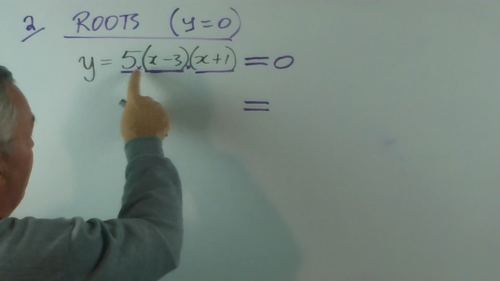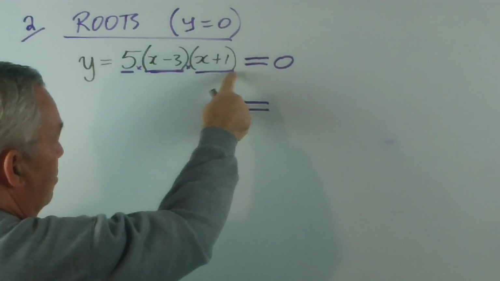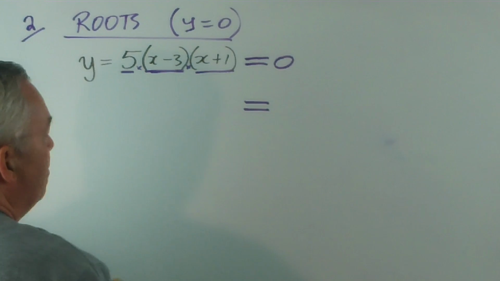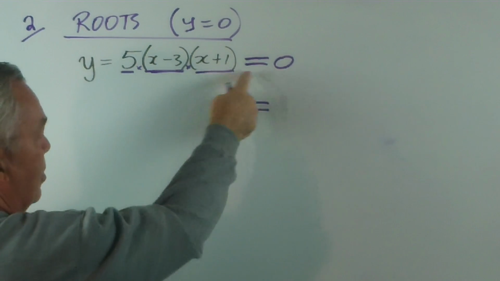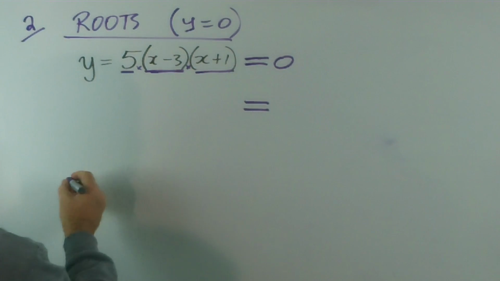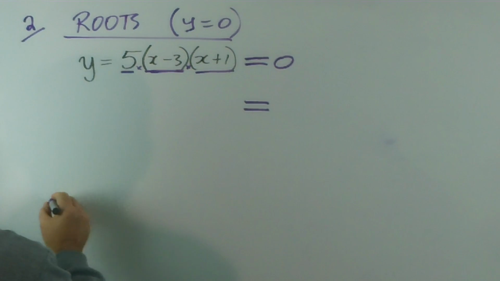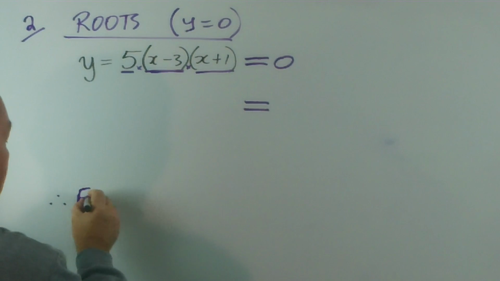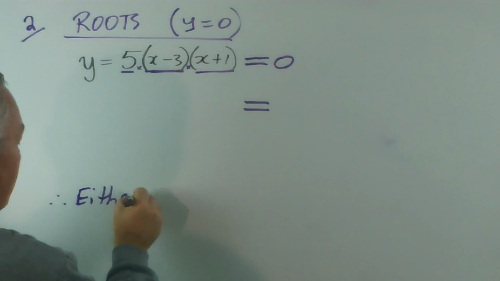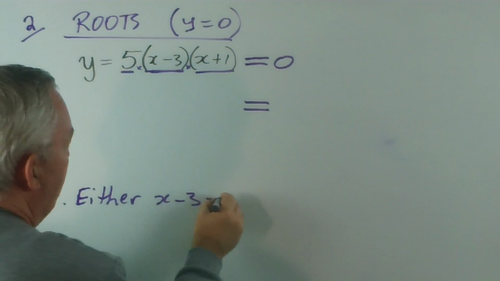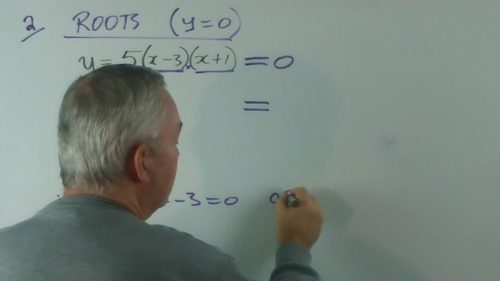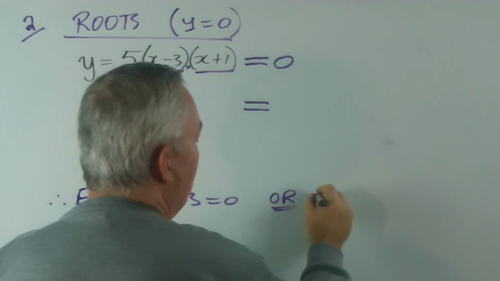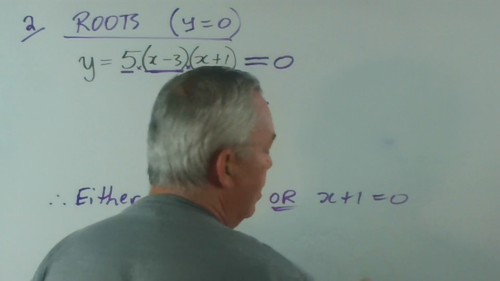If that was worth 0, then 5 times 0 times that, whatever that's worth, would equal 0. And if that was 0, the whole thing would work. That times 0 would be 0. So we would say this. Therefore, either x minus 3 equals 0, so that's a possibility, or the x plus 1 could be worth 0.